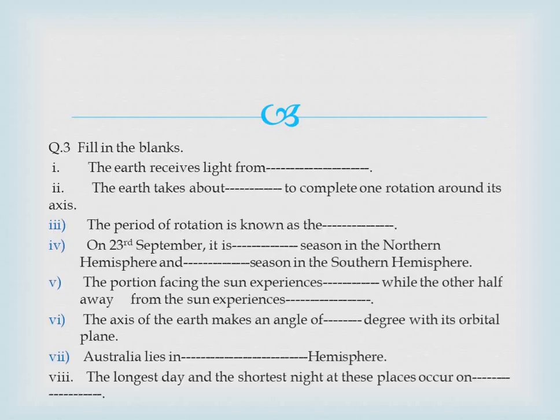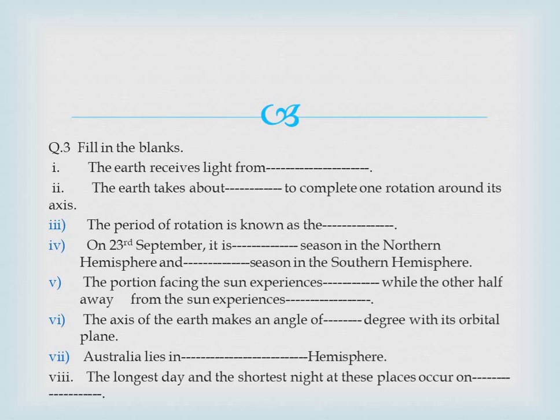The next is, fill in the blanks. The Earth receives light from dash. The Earth takes about dash to complete one rotation. The period of rotation is known as dash. On 23rd September, it is dash season in the northern hemisphere and dash in the southern hemisphere.